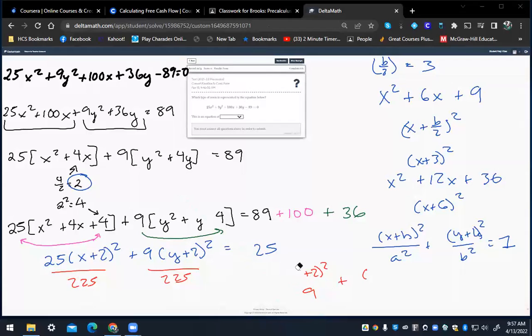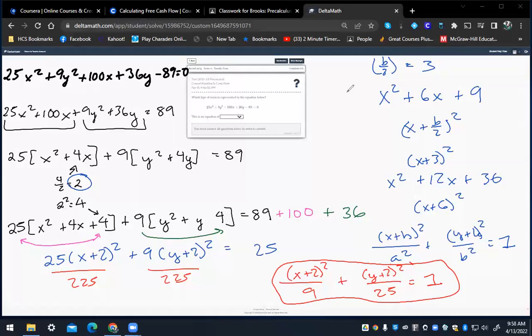So it's a squared, right? This is a squared is what I'm saying. Let me finish. I'll answer your question, but let me finish up first. All right, so you got y plus 2 squared over 25, because 225 divided by 9 is 25, and then it's equal to 1. And this is your answer here.